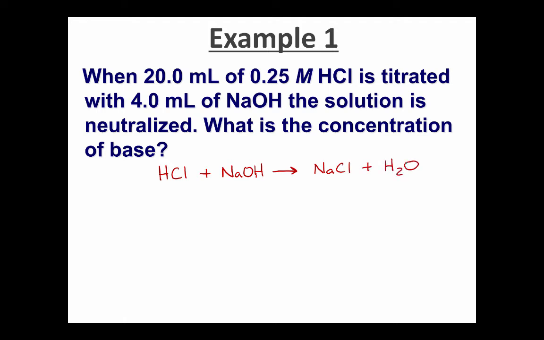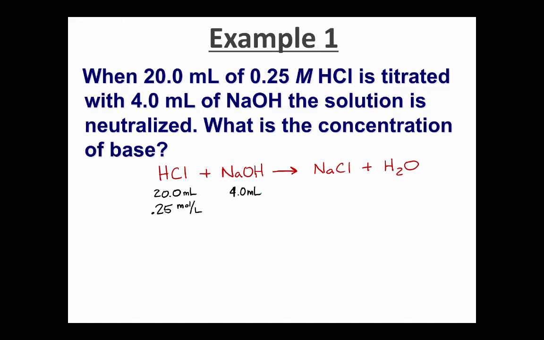The next thing I do when solving a stoichiometry problem is to write down what I know near the equation. For example, the problem says there are 20.0 milliliters of HCl, and I also see that the concentration of the HCl is 0.25 moles per liter. As I continue reading, I see that there are 4.0 milliliters of NaOH in this problem.